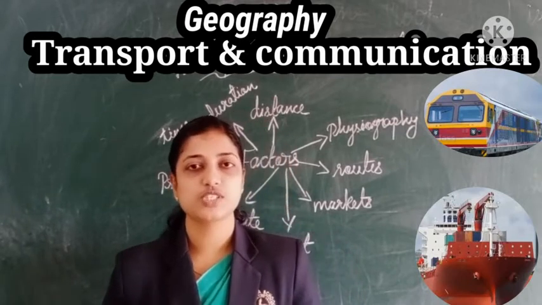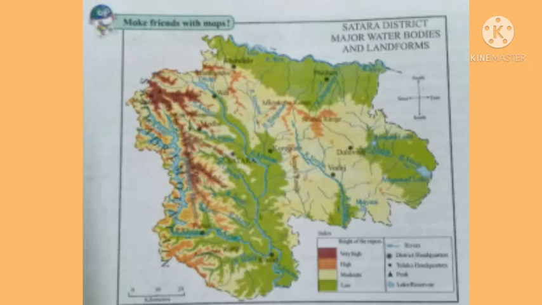Next, we are going to see the map. Dear students, you can see the map on the screen which is given in your textbook page number 84. This map shows Satara district's major water bodies and landforms.